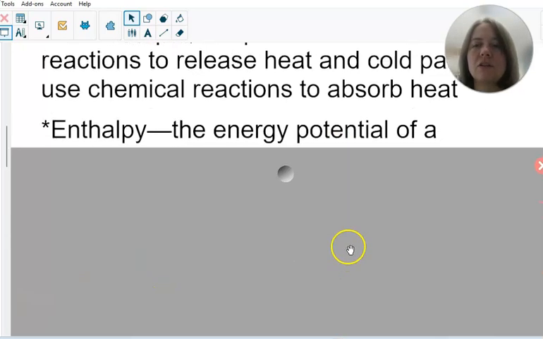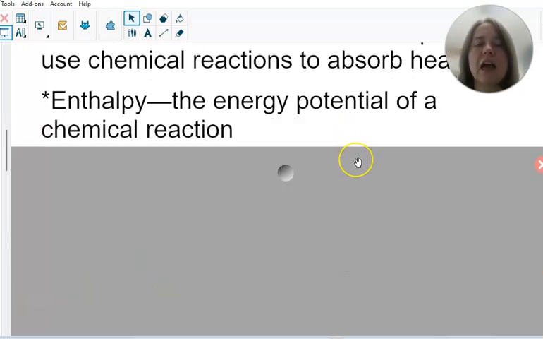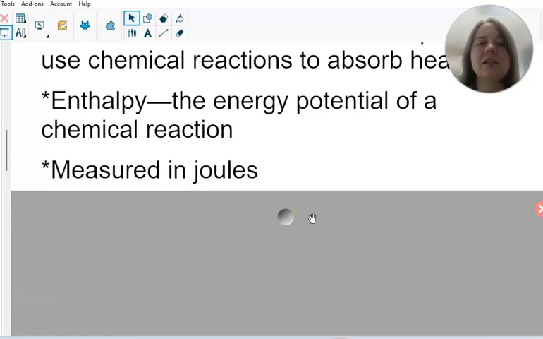We're going to talk about a new term here, enthalpy. Enthalpy is the energy potential of a chemical reaction, like how much energy does it give off or take in? Since enthalpy is talking about energy, it's measured in joules.